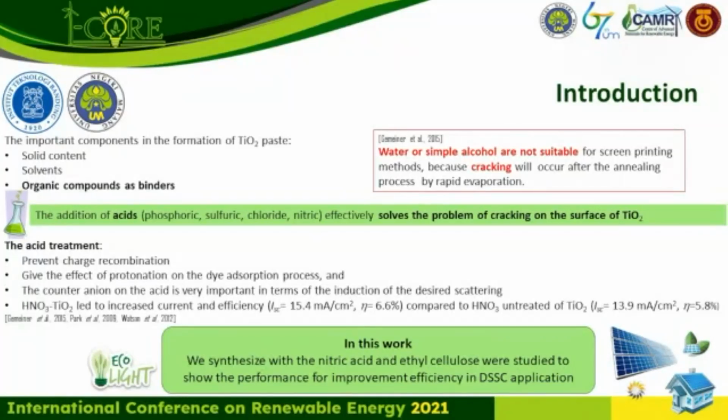So, in this work, we studied TiO2 based on nitric acid and ethyl cellulose to show the photovoltaic performance for improving efficiency in DSSC application.